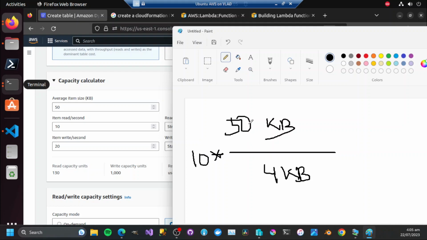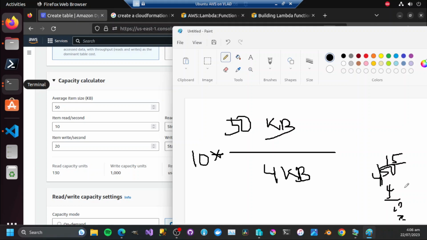So 50 divided by 4 is how much? Is it 12? Is it correct? No, right?